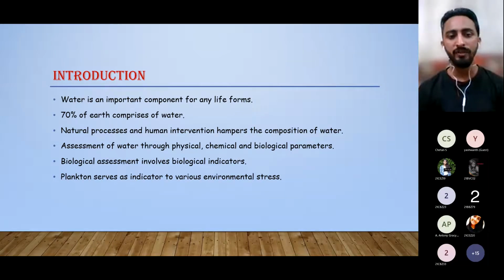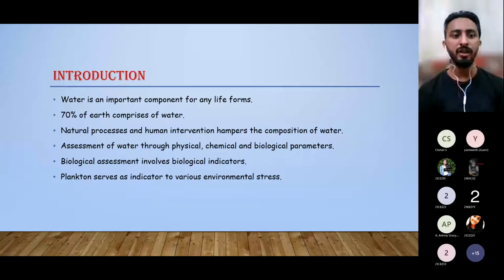As we all know, 70% of our planet comprises water, which consists of lake water, fresh water, marine water, the tributaries, ponds, stagnant water, all this together. And these water bodies are being affected by natural processes or human intervention.